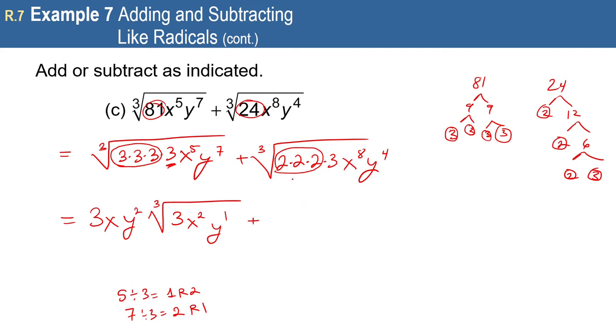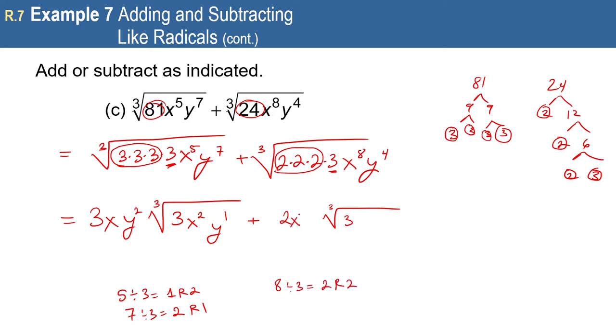For the second part, we have 3 groups of 2. The cube root of that is 2 with a 3 left on the inside. Notice the index is still 3. And we're looking at groups of 3 for x to the 8th. We'll divide 8 by 3. That's 2, remainder 2.